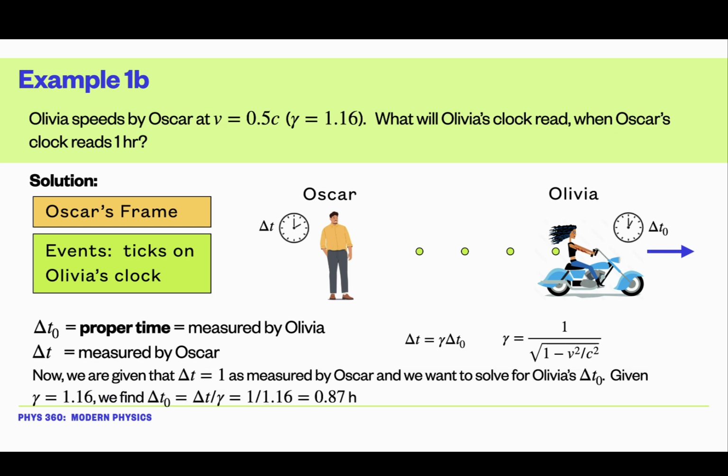What's different in this case, though, is that now we are setting Oscar's time interval to be 1 hour, and we're solving for the amount of time elapsed on Olivia's clock. So we're going to set delta t equals 1 for 1 hour as measured by Oscar, and then solve for what Olivia's clock will read, delta t naught.